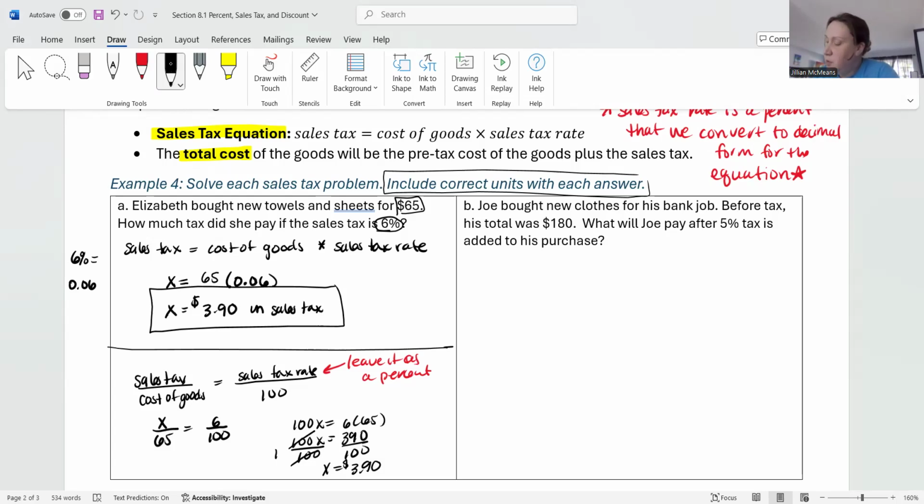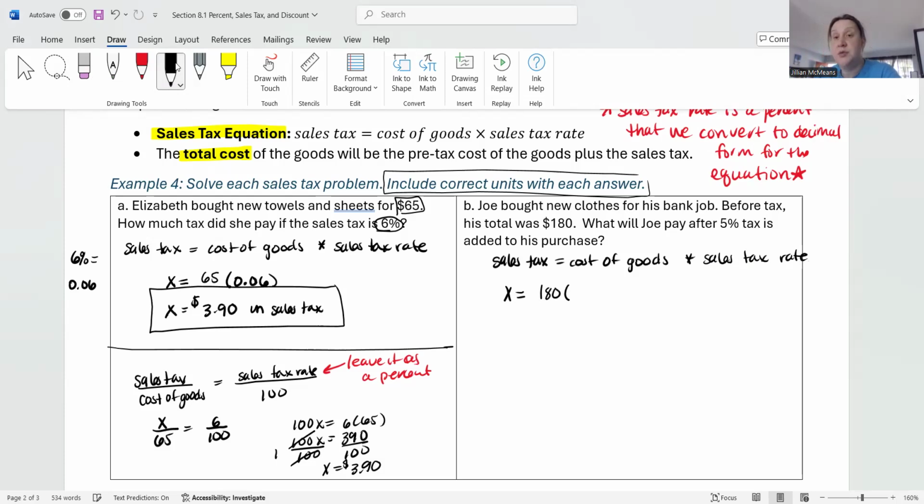Okay? So remember, sales tax equals the cost of goods times the sales tax rate. We don't know what the sales tax is, so we're going to let that be our variable. So X equals the cost of the goods before tax was $180.